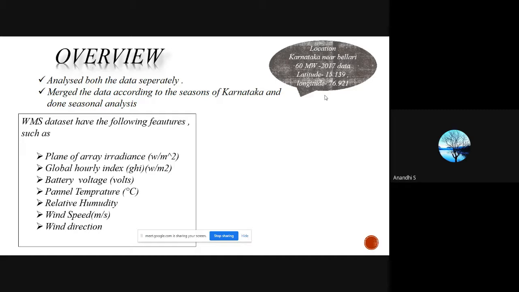They have measured weather data like plane of array irradiance, global horizontal index, panel temperature, relative humidity, wind speed, wind direction, everything. And this data is available at a 15 minute time interval.